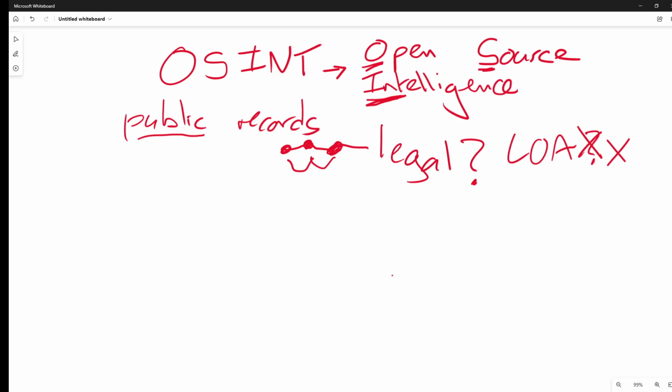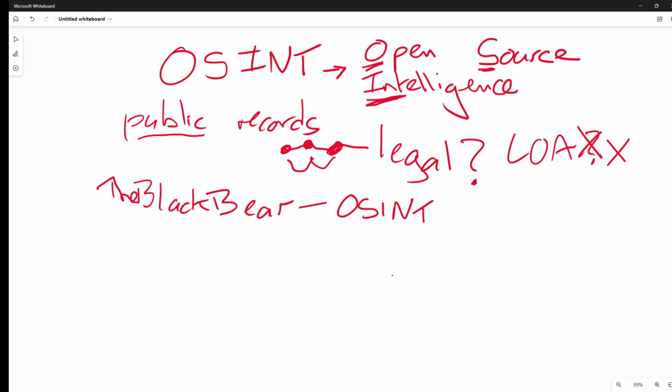There was a very famous Asian hacker called Black Bear, and he used OSINT very infamously. He used OSINT exclusively to hack into and steal millions of dollars worth of data from a well-known financial institution.